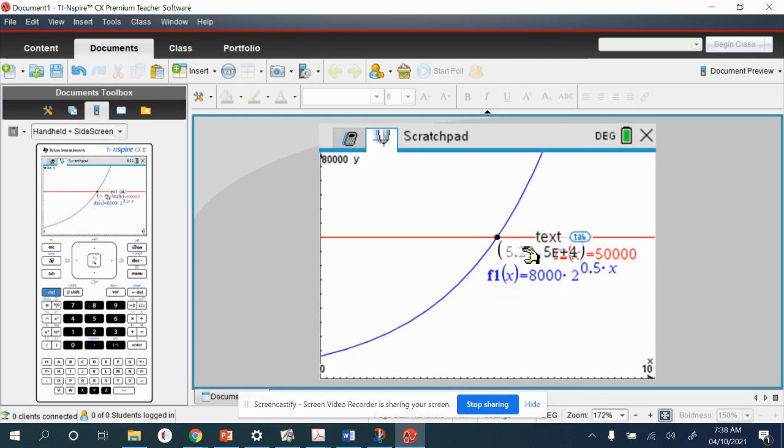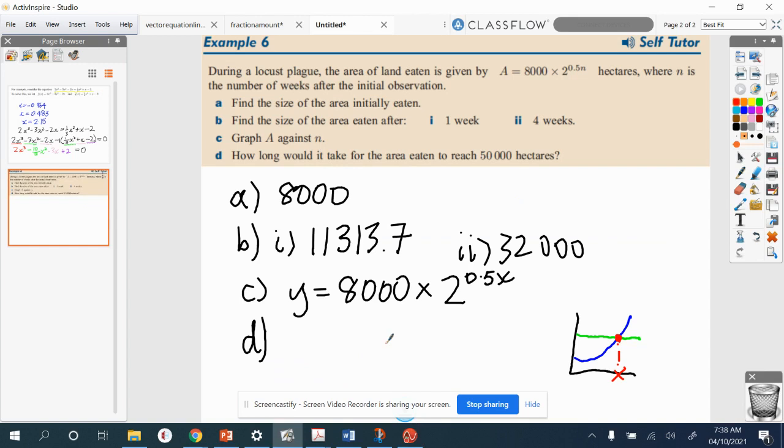We're only interested in the x value. So if I read down here, what is the value of x? It's 5.29. So that means it would take 5.29 weeks.